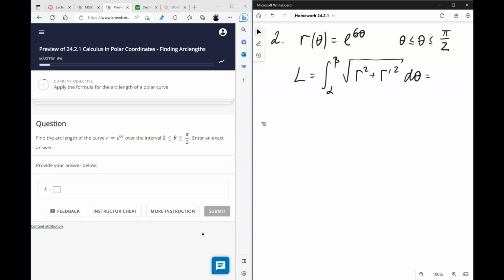So the integral for the arc length will be the integral from 0 to pi over 2, square root of r squared plus r prime squared d theta.